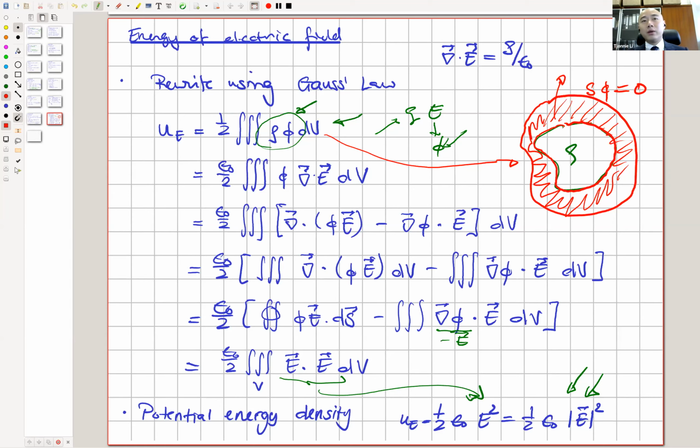That's actually the thing that we end up using, so that I can consider this surface at infinity, and I can show that it disappears. The area becomes big, but E is, let's say, 0, so it doesn't matter how many zeros I add up.